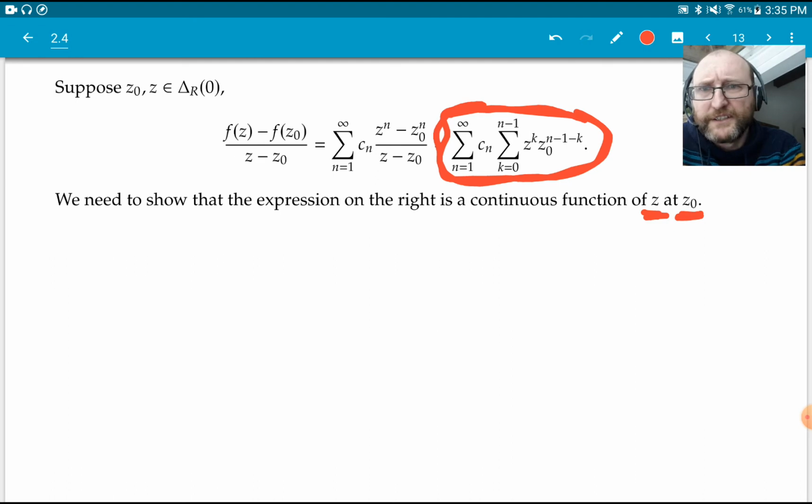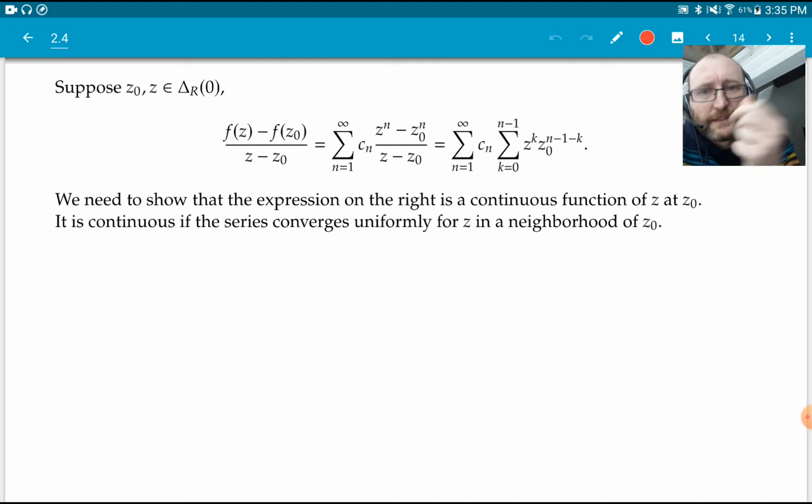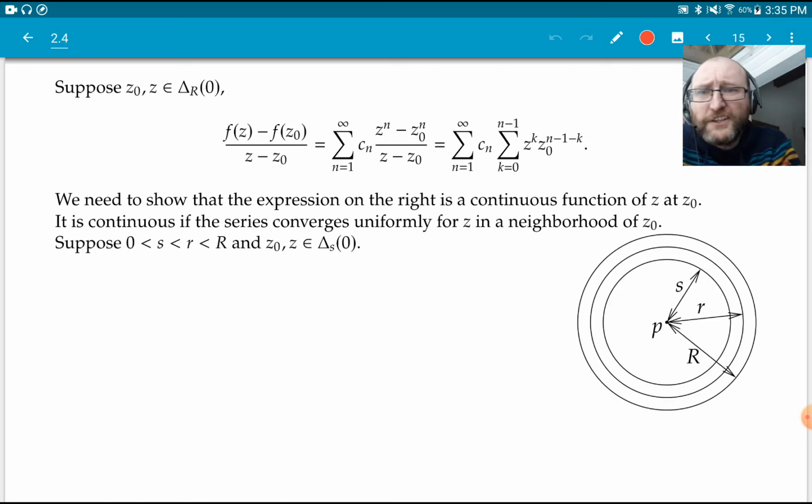So that's what I just said. As we've seen before, p is just 0 in our case.